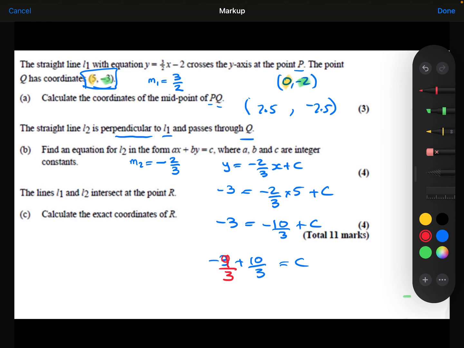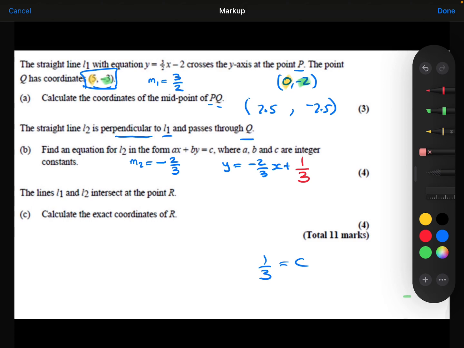And minus 9 over 3 plus 10 over 3 is just 1 over 3. So c is 1/3. So the equation of my perpendicular line L2 is y equals minus 2/3 x plus 1/3.